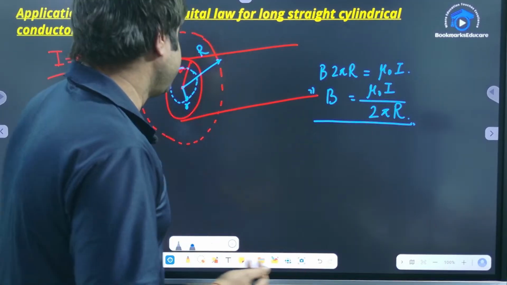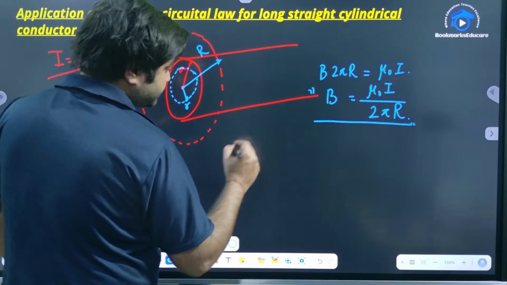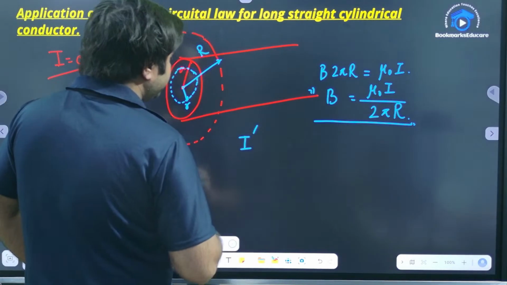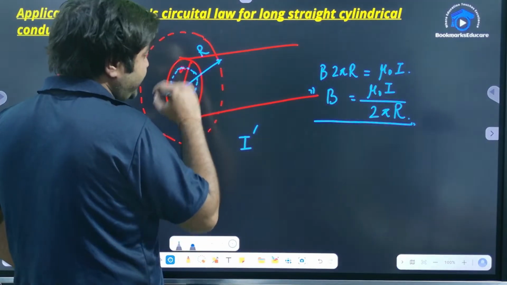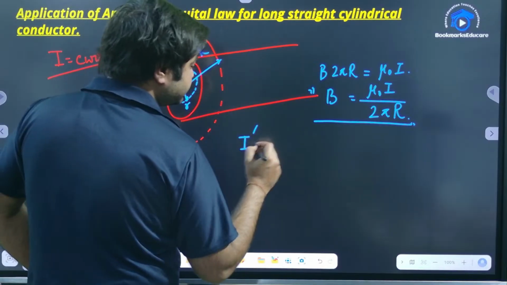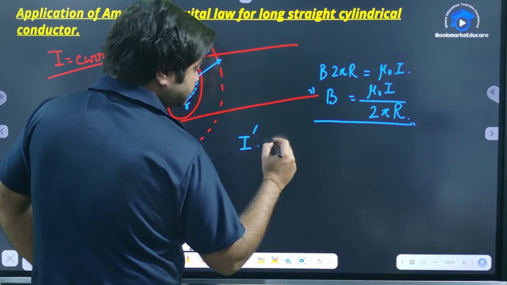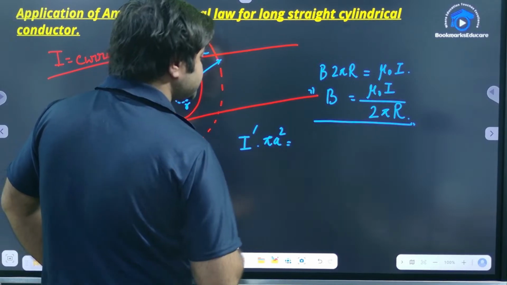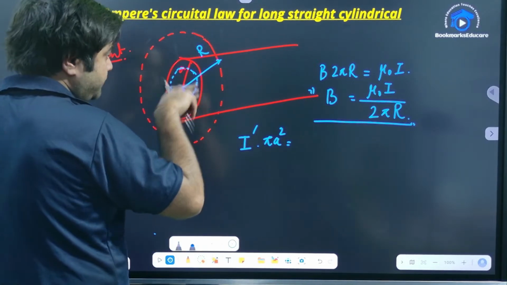In this case we can say that the current that will be enclosed by this loop will just be a fraction of this part.